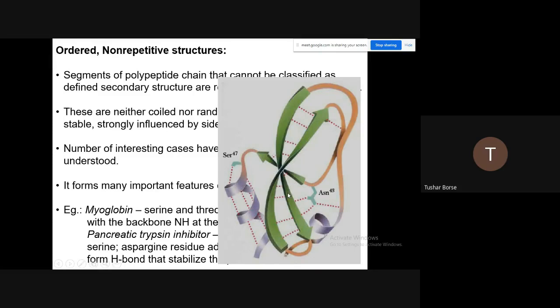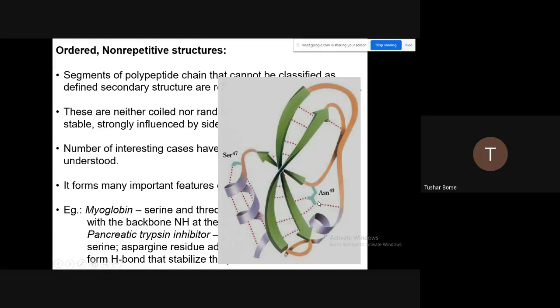See these orange color lines, these regions which are shown, are nothing but these ordered and non-repetitive structures. The residues present in these regions can form hydrogen bonds with the helices or sheets present in the protein. See here the asparagine structure, it consists of around 2 to 3 amino groups.